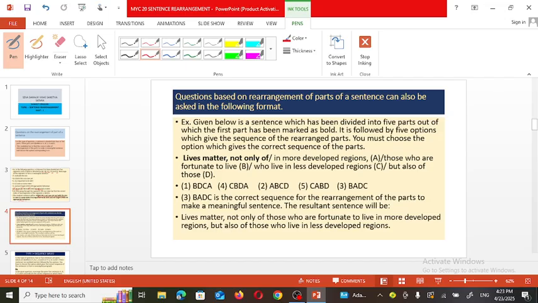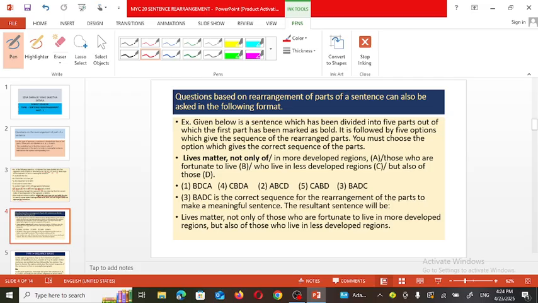So in a more developed area we are fortunate to live, isn't it? So we can take the second option, that means B option first. Lives matter not only of those who are fortunate to live in a more developed region.